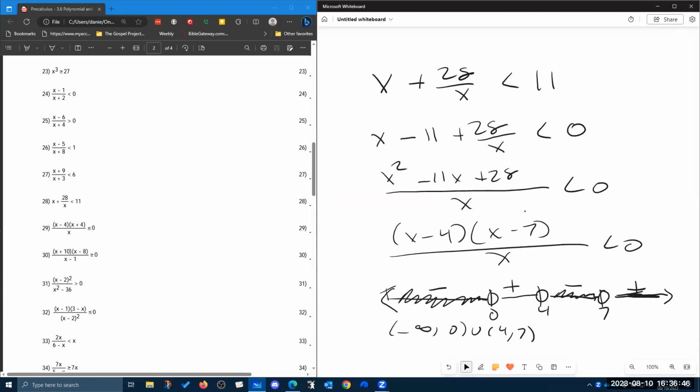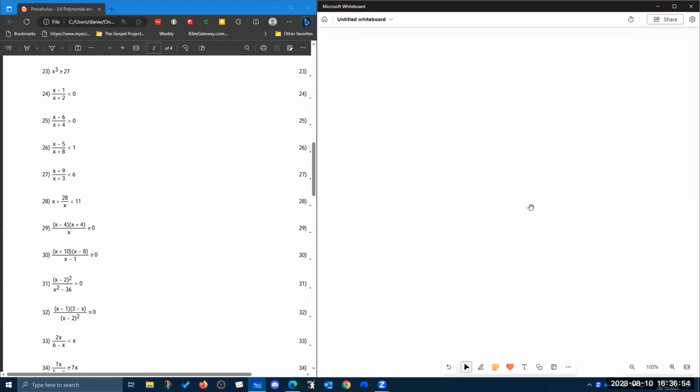I'm going to look for one now that has an even multiplicity on one of the factors, like number 32, just to show you how the multiplicity plays into things. Actually, let's do number 31. x minus 2 squared over x squared minus 36 greater than 0.